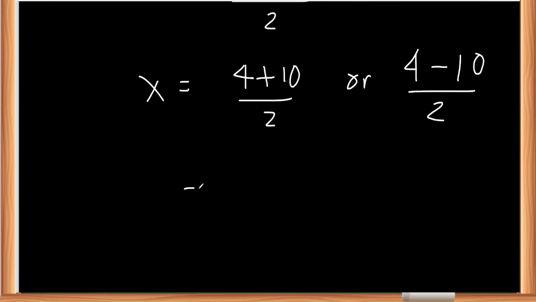So, your x here is 4 plus 10 over 2 is? What's your answer, Ira? 14 over 2 po. Yeah. What is 14 over 2? 7 po. Okay, very good. Or, what is 4 minus 10 over 2? 6 over 2 po.